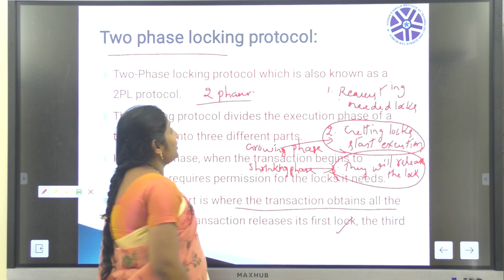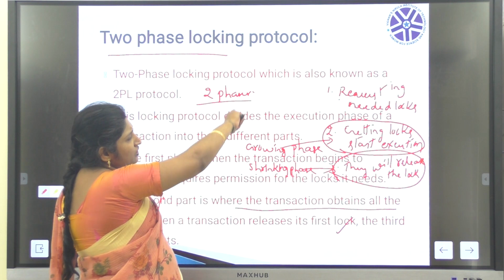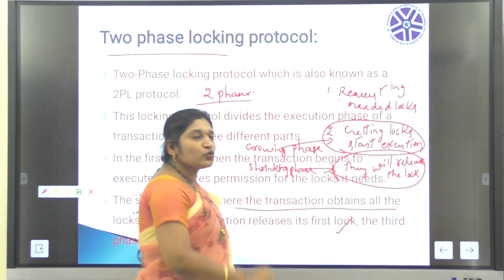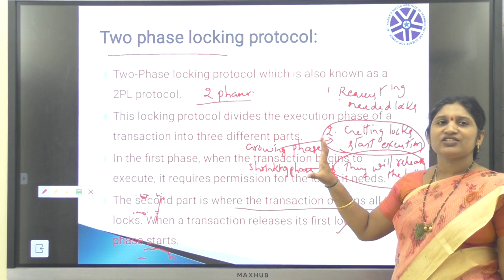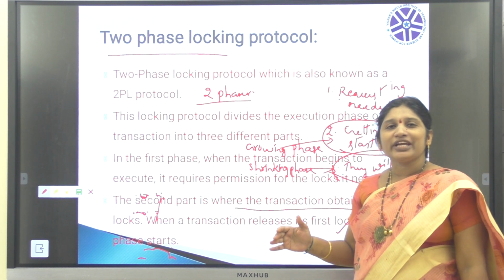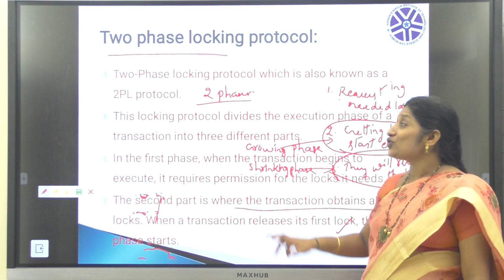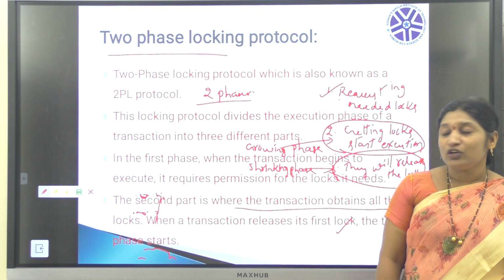By means of this two-phase locking protocol, these are the rules to be followed by our transactions. Before any transaction executes, it must get all the needed locks, so it should request the transaction manager for all the needed locks.